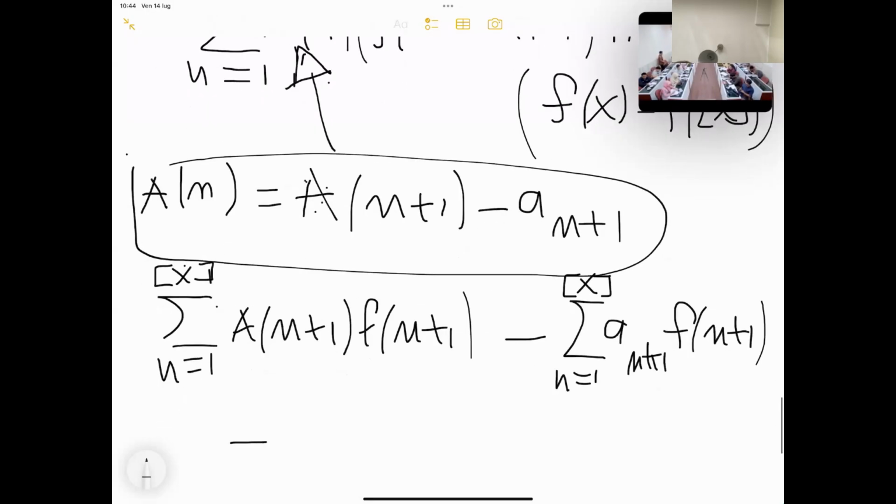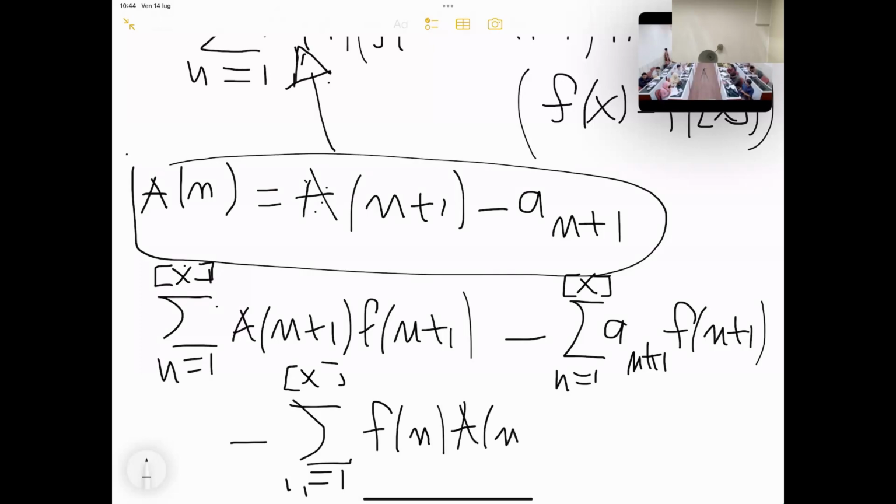Then you will get a minus the sum for n that goes from 1 to the integer part of x of f of n times capital A of n.